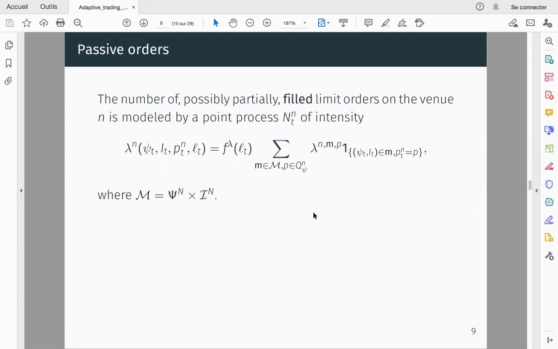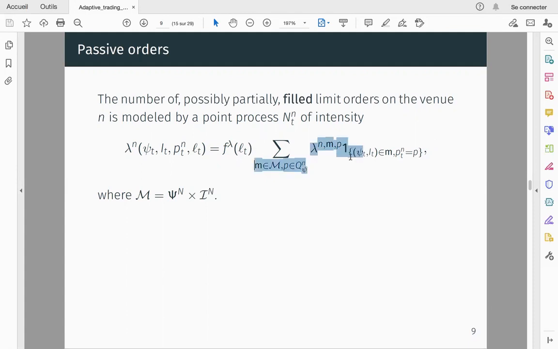So the number of possibly partially filled limit orders on the venue N is modeled by this expression right here. The intensity is in fact composed of two parts. The first part here, the function f lambda of LT, is a decreasing function of the posted volumes on the venues, which means that bigger orders have less chance of being executed, and also that if you send an order on one venue, it will reduce the liquidity on other venues.